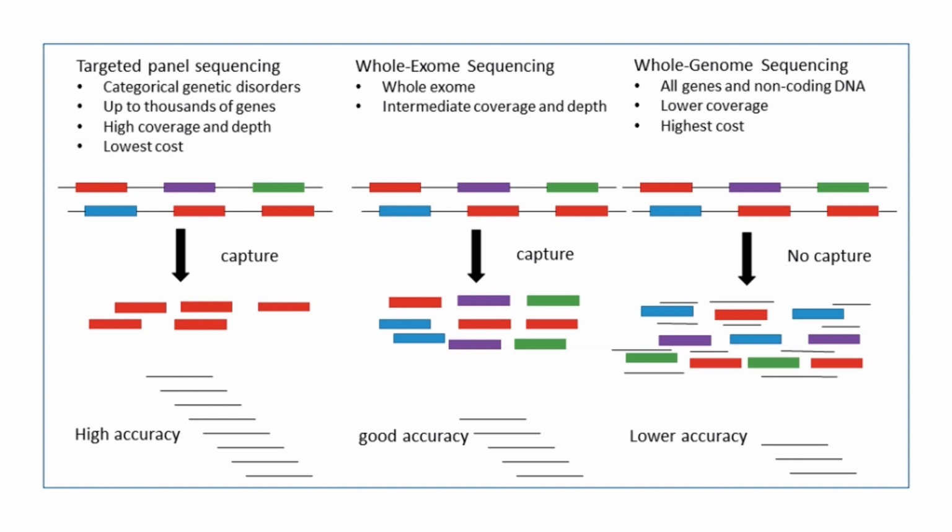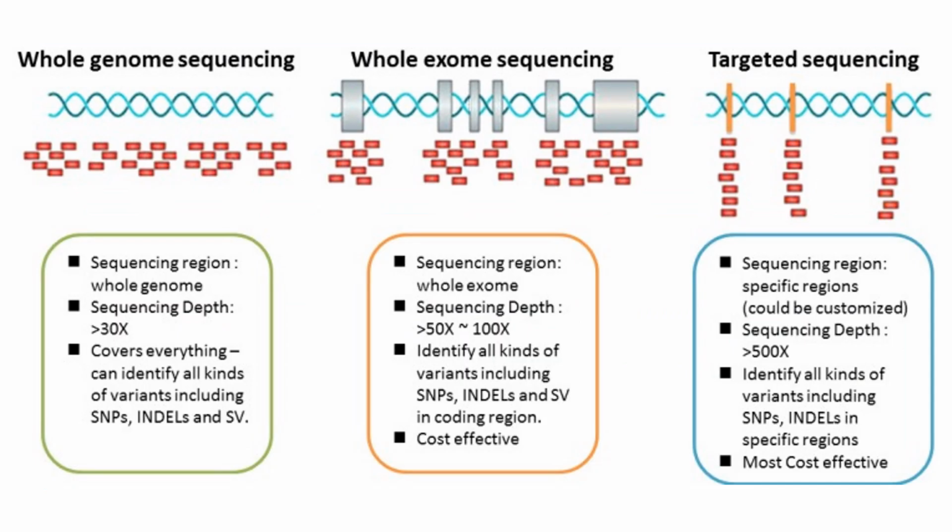Usually, targeted panel sequencing has higher accuracy, while whole genome sequencing has lower accuracy. Whole genome sequencing sequences the whole genome, so it is very good for discovery purposes. But the sequencing depth is lower, and it covers everything, so it can identify all kinds of variants.